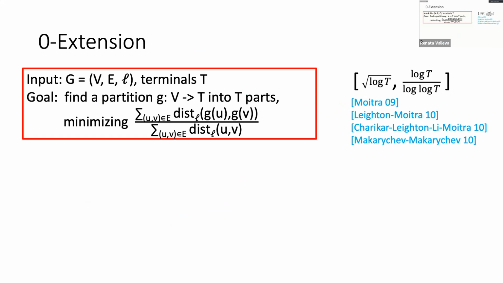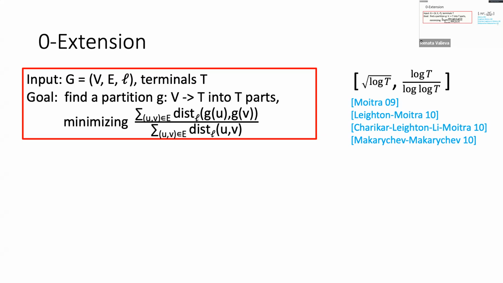So each part contains a terminal, and each terminal belongs to a part, with no redundant parts. They partition this into T parts and try to minimize this ratio. Our ratio is also an objective function: it does not go up by factor Q, but it's also minimizing the ratio, the new sum over the old sum divided by Q.